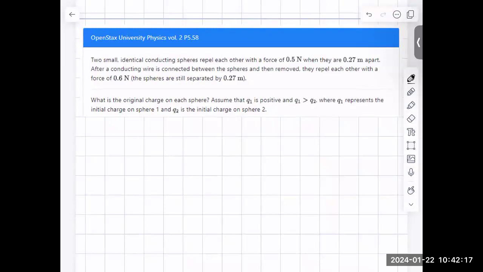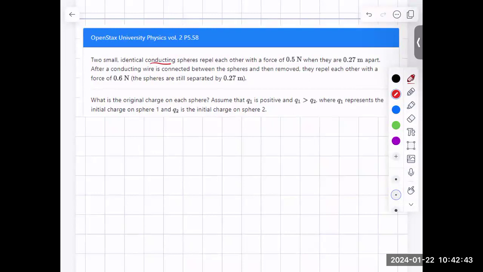So in this problem, we had 2 small identical conducting spheres. First of all, it's important that it says conducting, because with a conducting sphere, we can move charge from one to another, all right? And we're told that when they're a certain distance apart, they experience a repulsive force.